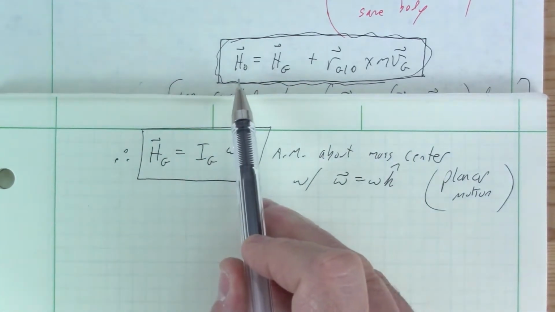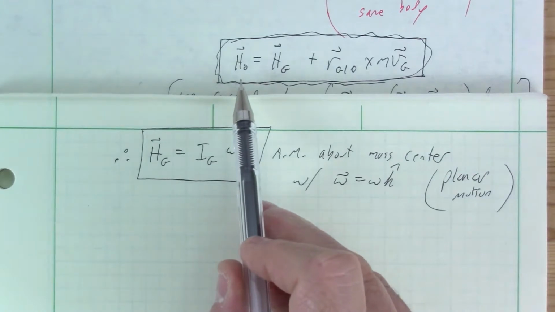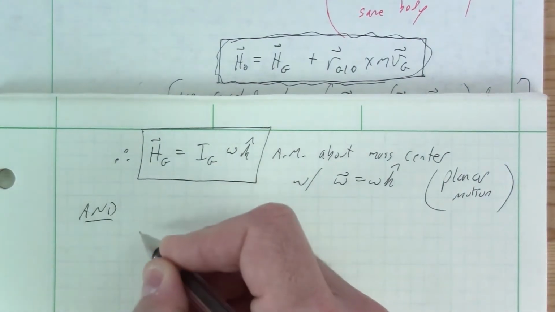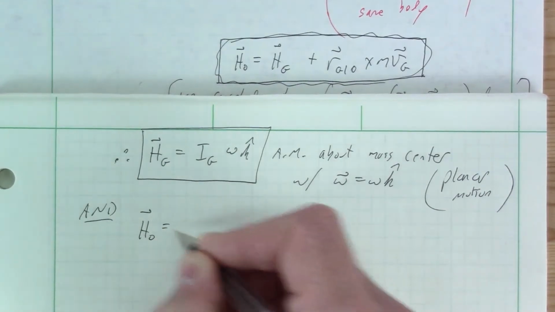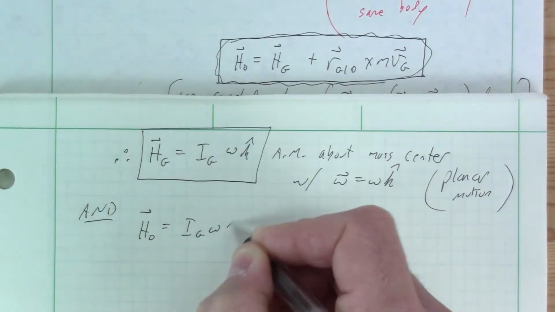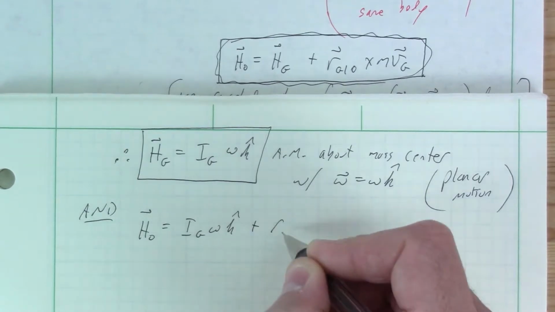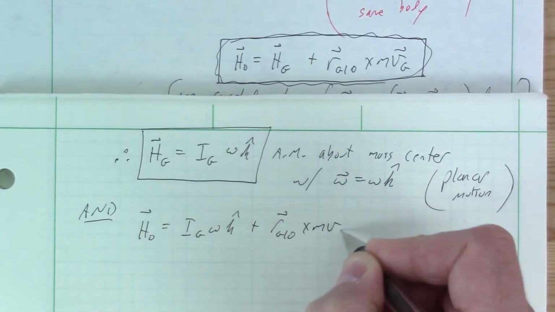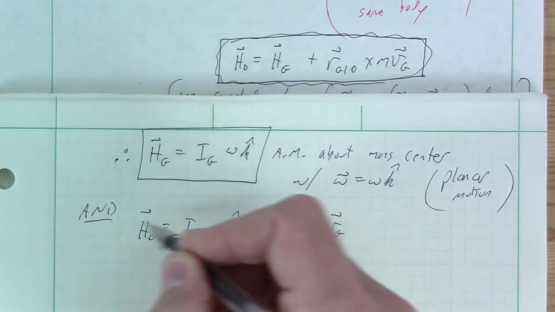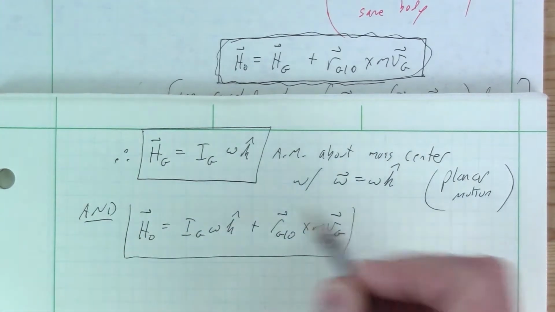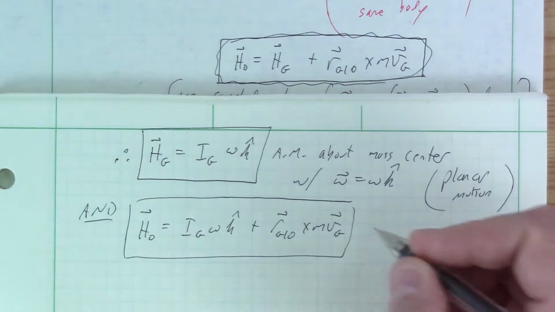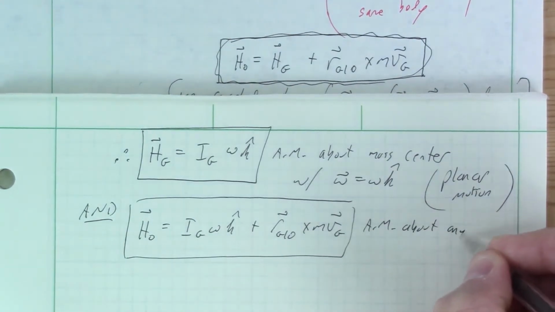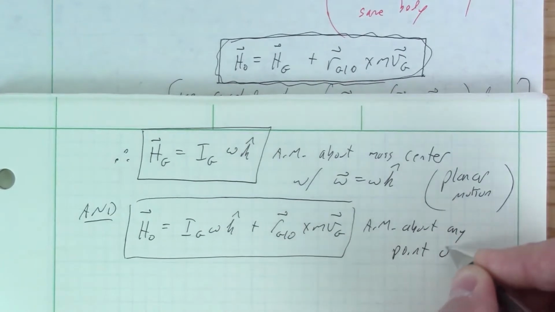Angular momentum about the arbitrary point: H_O equals I_G omega k hat plus r_G/O crossed into m v_G. Okay, this is angular momentum about any point O.